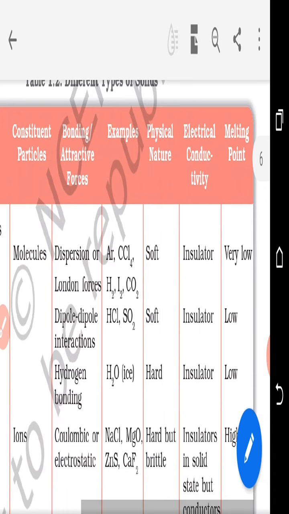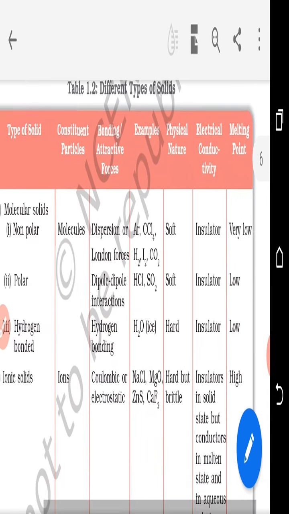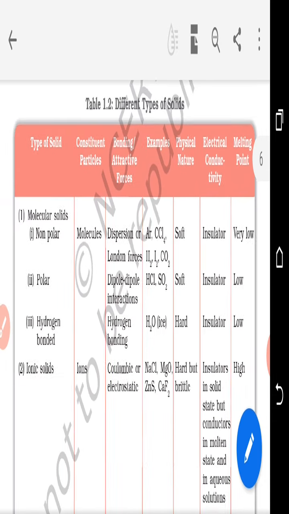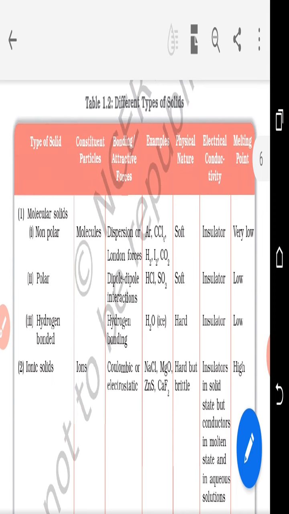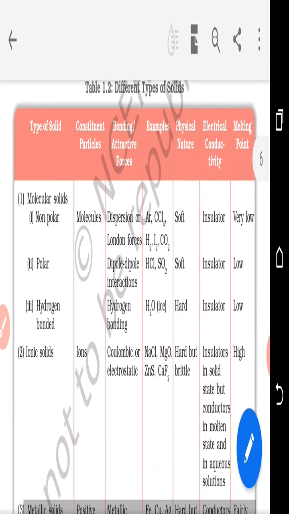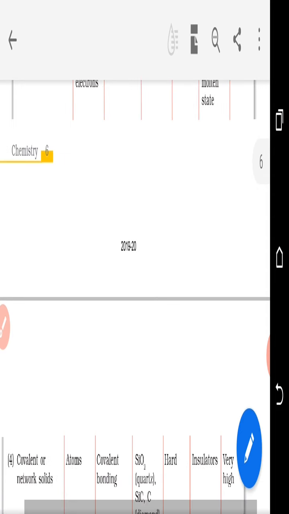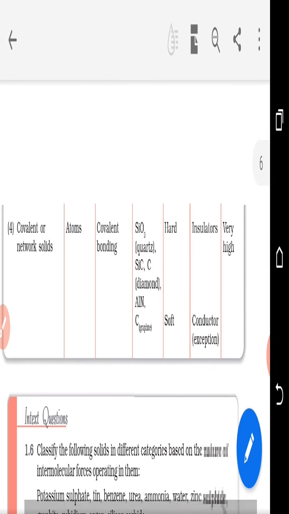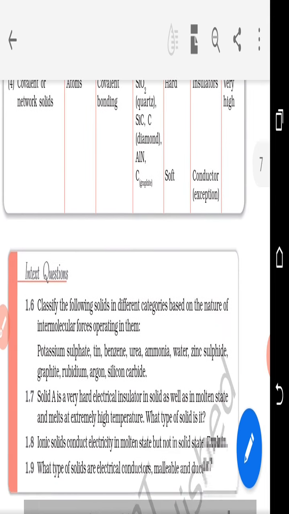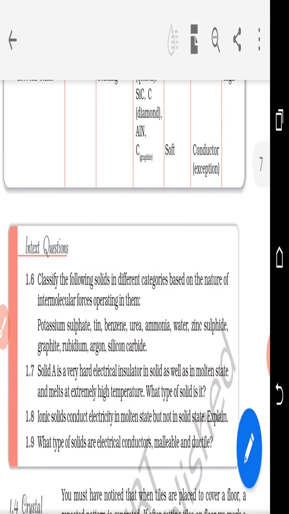The various properties of these solids can very easily be compared by the table 1.1. The students can solve the in-text questions.